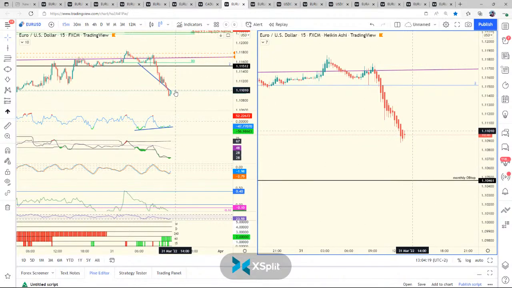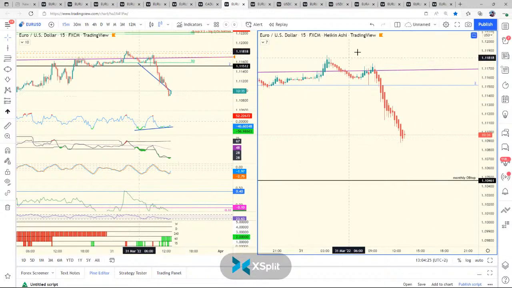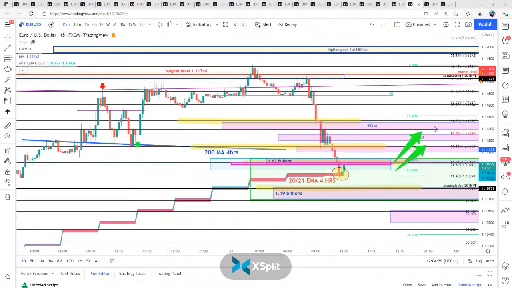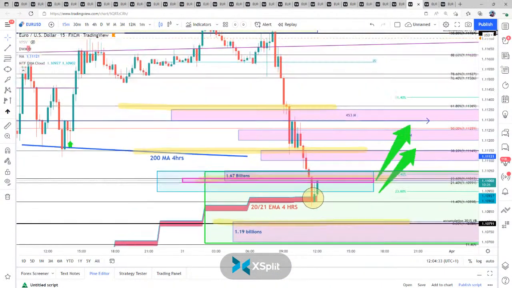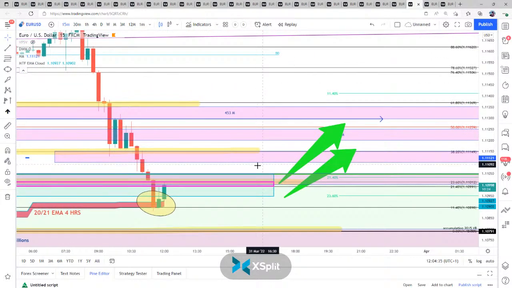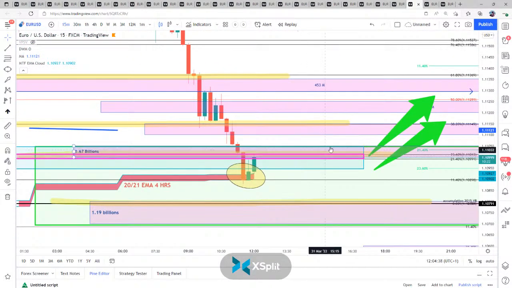Then if we have a little bit of pullback, for example, to this double body here of the 15 minutes, we can take it as add, or we can use the other levels we have here, like this fib or that fib. We can go a little bit more inside here, and then we can decide what to do and where to add.